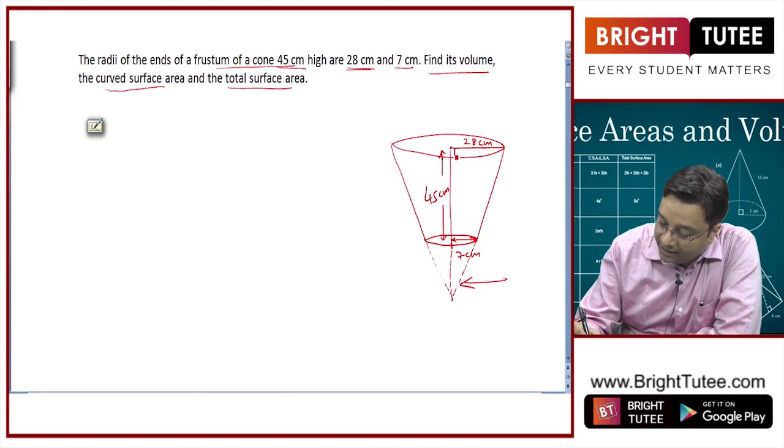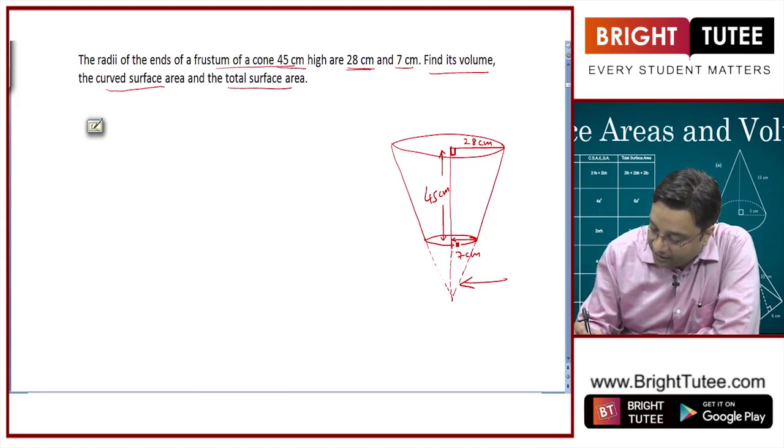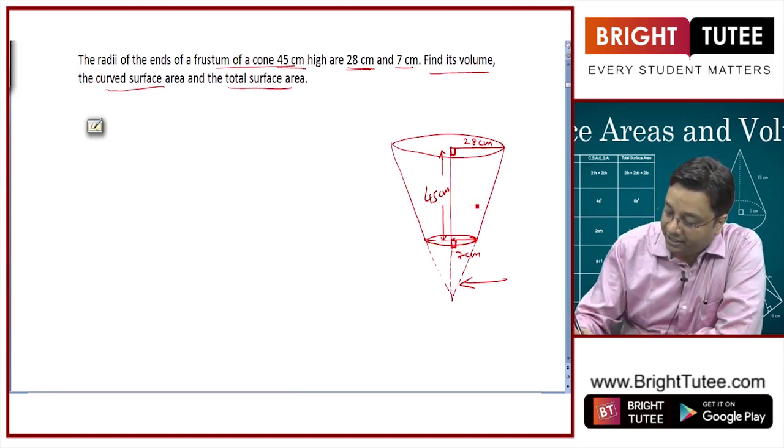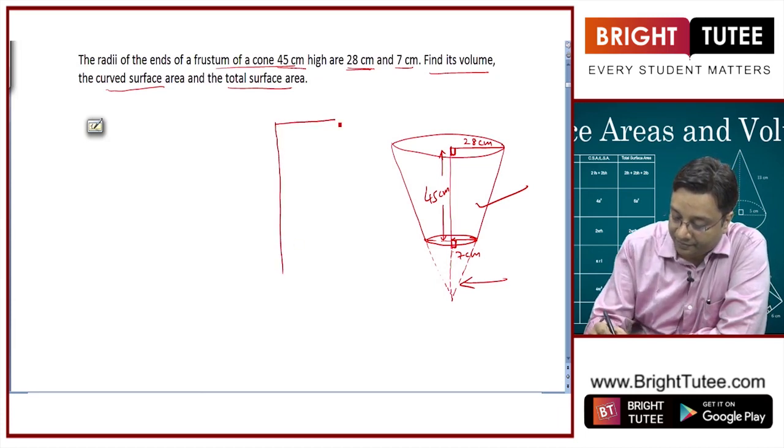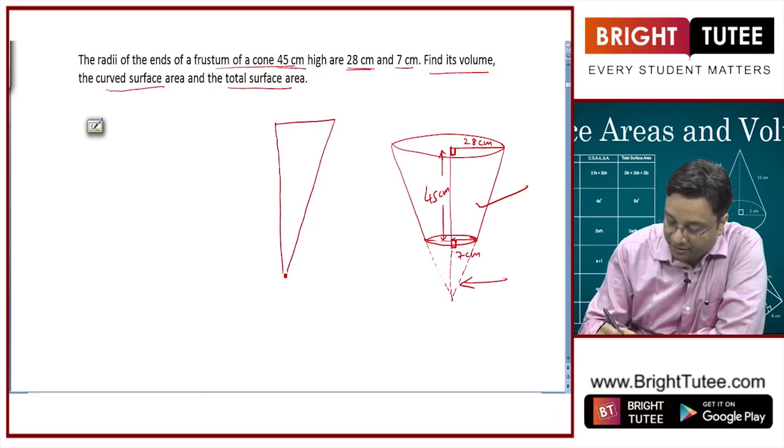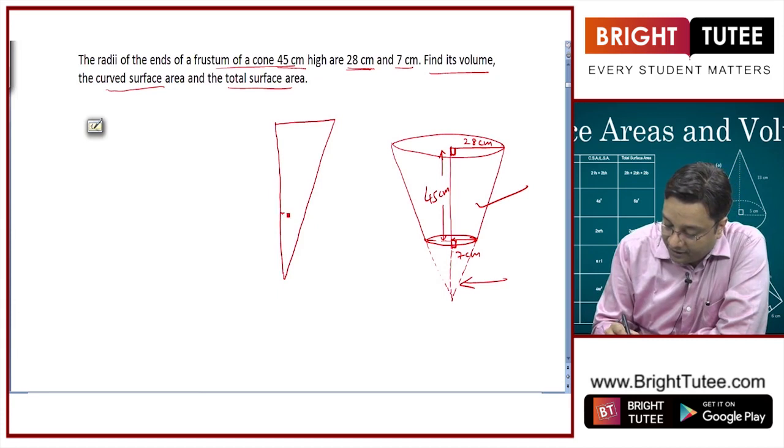Now this is a right triangle. This is also a right angle here. Now if I take this triangle separately, it will look like this. This length is 7, this length is 28, this is a right angle, this is another right angle here.